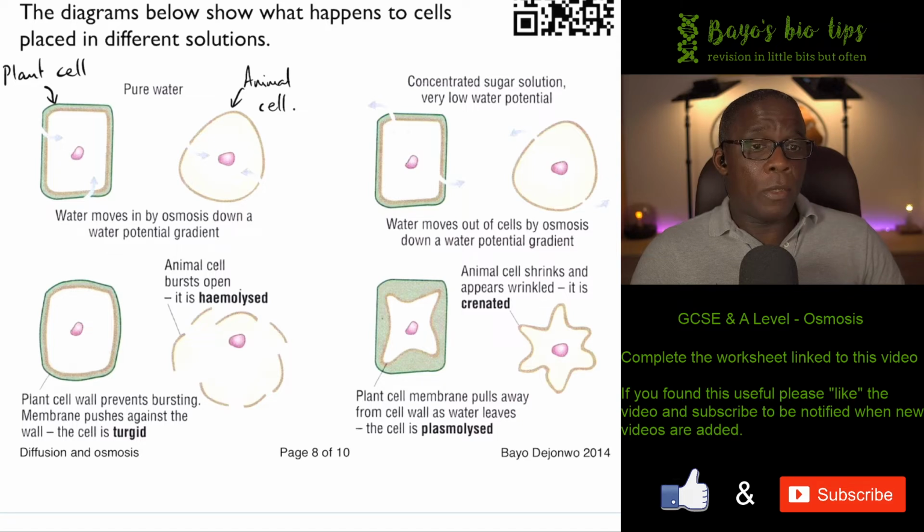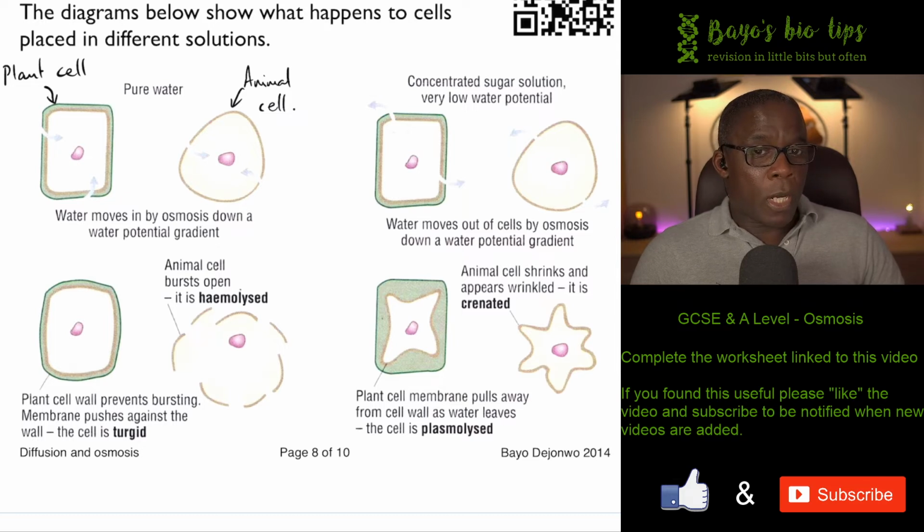In a plant cell, the effect will be a higher amount of pressure against the cell wall, making it turgid, and the cell wall prevents the cell from bursting. Whereas in an animal cell, there isn't a cell wall, and as such, it will absorb more and more water until it becomes hemolyzed, until it basically pops from too much pressure on the cell membrane, and there's nothing to stop it from bursting.